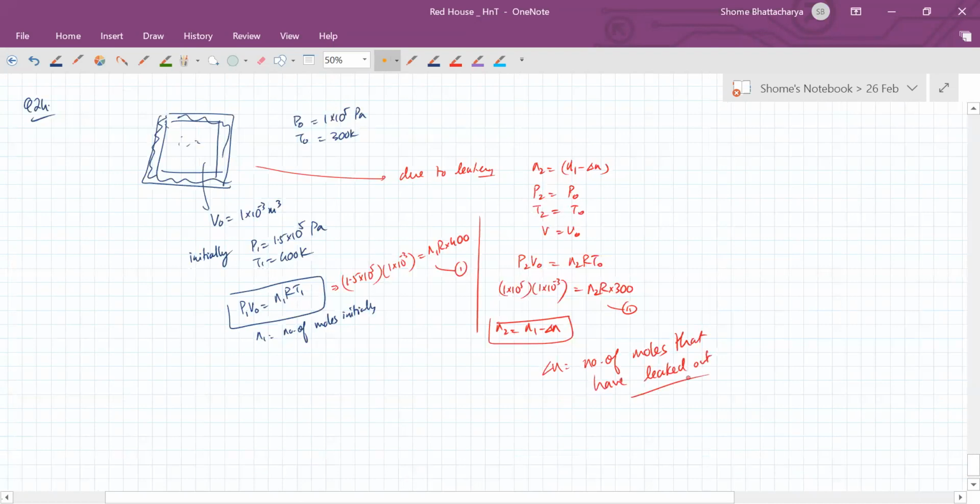So multiply with the molar mass and you can get the mass of oxygen gas which has leaked out. Okay, understood this? Manas, is this question clear, beta? Okay, very good. Okay, so we will conclude today's session here.